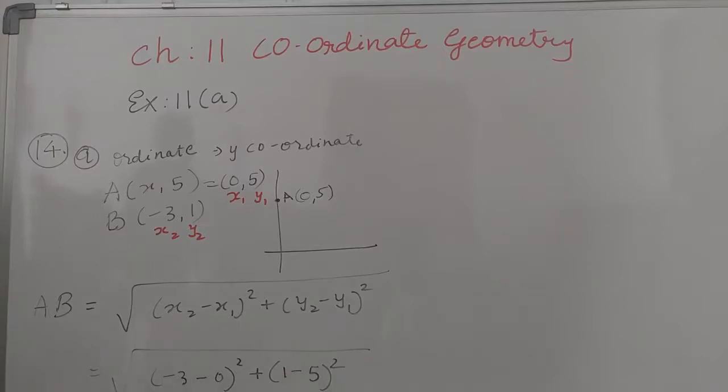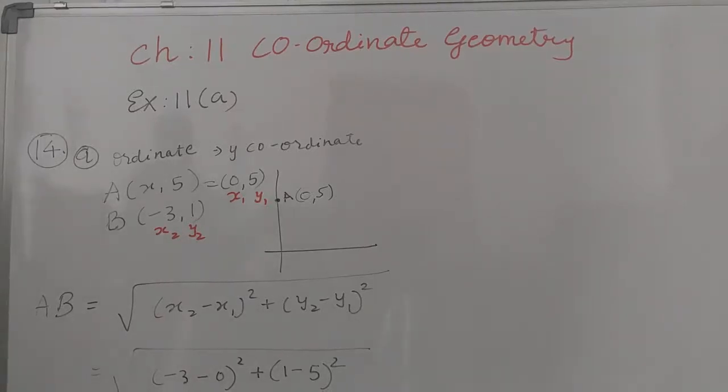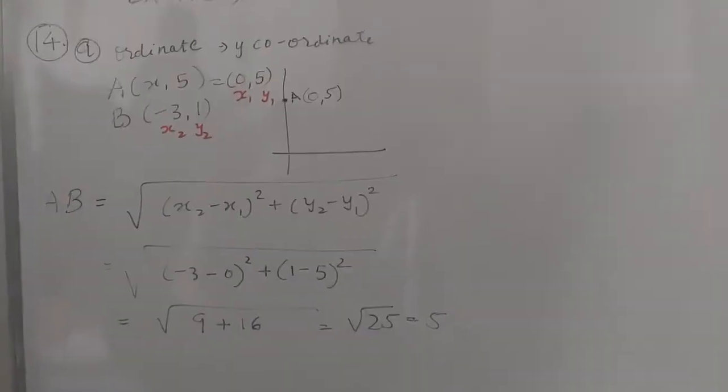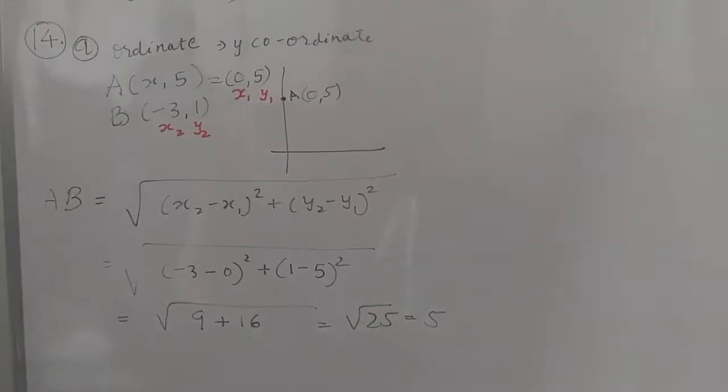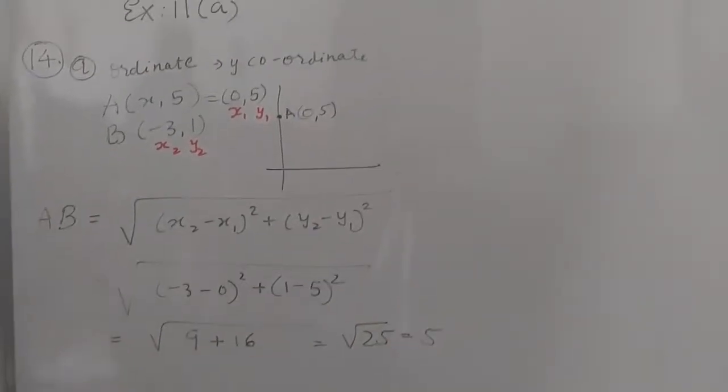So now 9 plus 16 is 25. And its square root will be 5 units. So our answer for question number 14, A part, is 5 units, because here we are not given any centimeters or anything. You can write AB is 5 only. Now students, question number B.